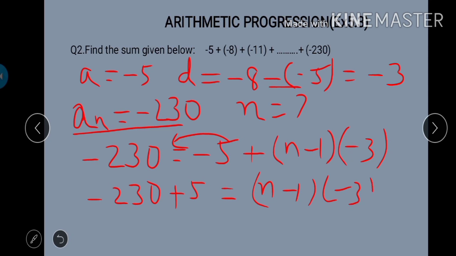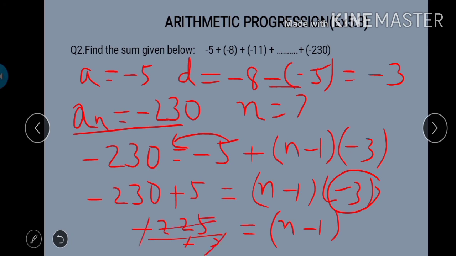So we have minus 225 divided by minus 3, n minus 1. Now minus and minus will get cancelled. 3 ones are 3, 3 sevens are 21, 15 fives are 75.